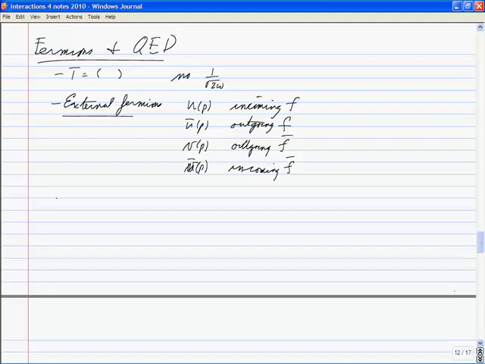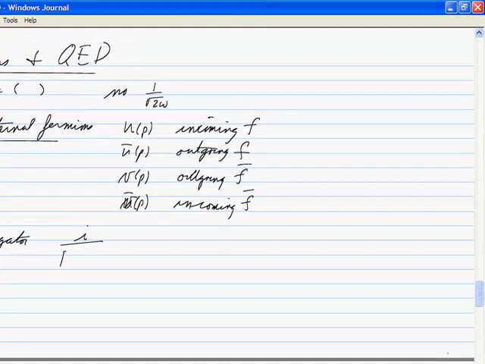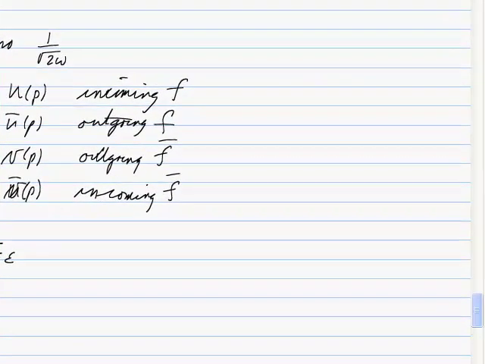With fermions, anytime you have a propagator, you use i over the momentum minus m plus i epsilon, i over p slash minus m. So you use the propagator for fermions, which we derived.